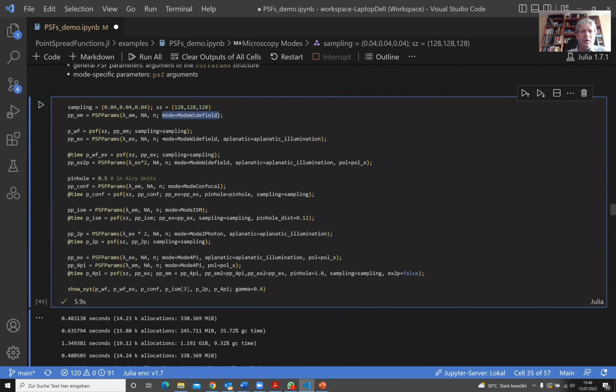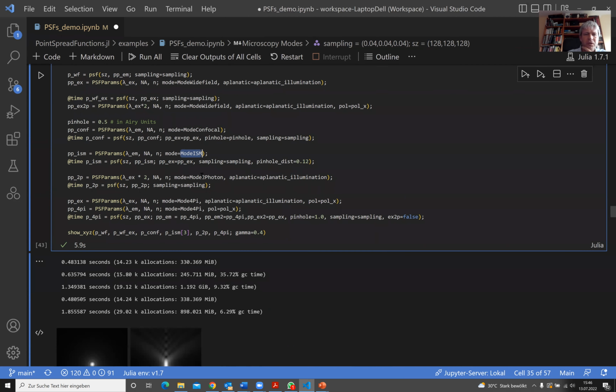But there are also other modes, for example the confocal mode, or image scanning microscopy, which calculates not only one point spread function, but a whole array of point spread functions, the two-photon mode of microscopy, or the 4-pi microscopy mode, where you have all possibilities of changing relative phases and so on, if you want to do that.